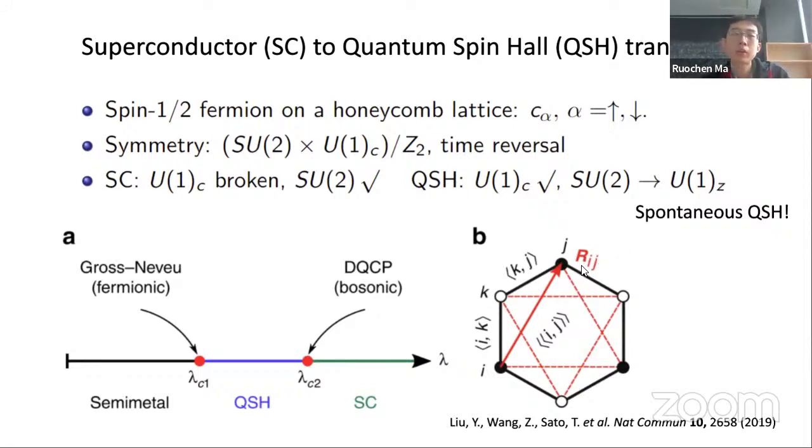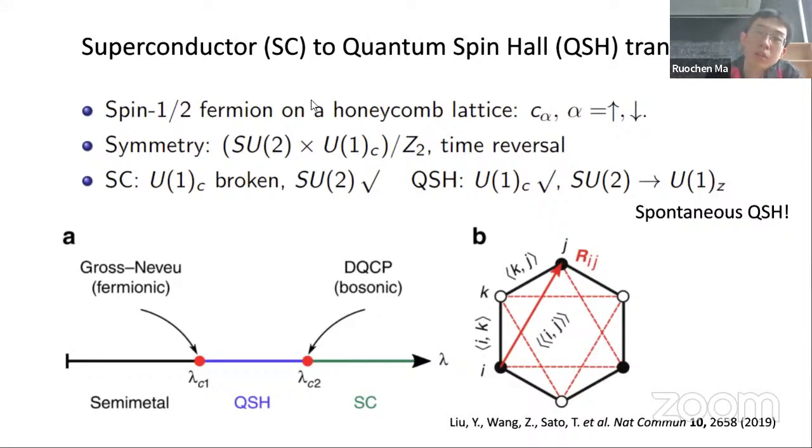And the local operator in the model is a spin-one-half fermionic electron operator, and we imagine the fermion can hop on the honeycomb lattice. So the electron operator is denoted by this C alpha, and alpha can be up and down. So it is in a spin-one-half representation of the SU2 spin rotation symmetry.